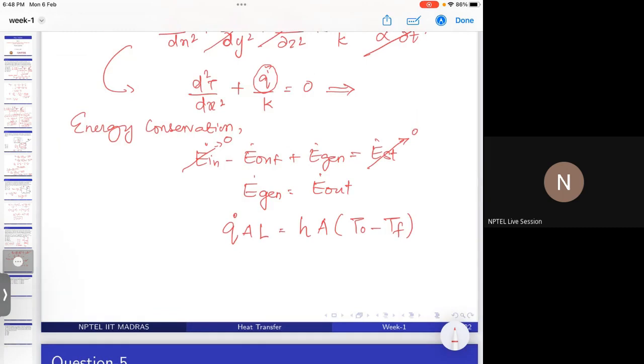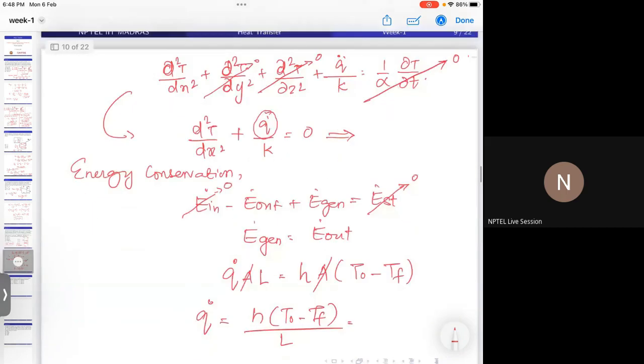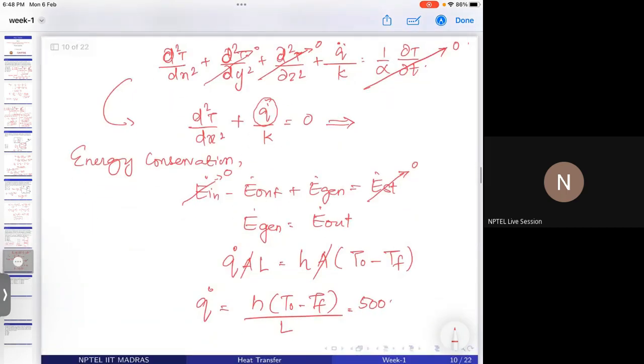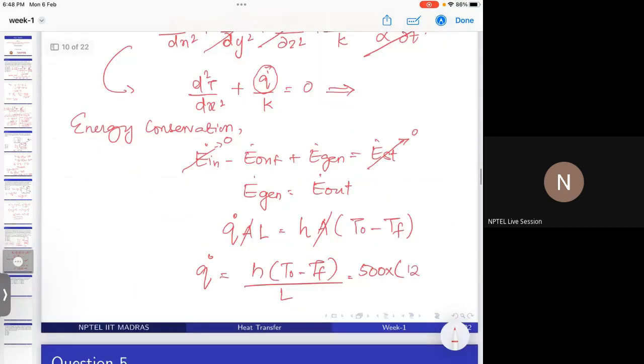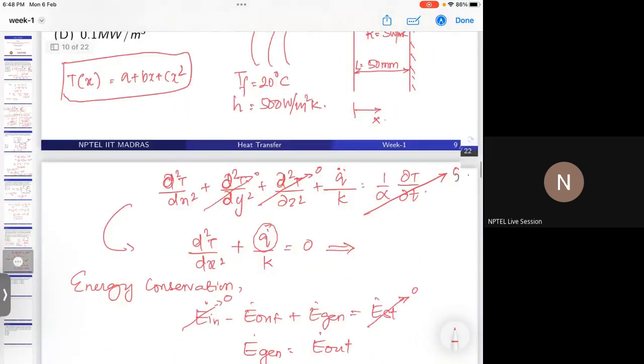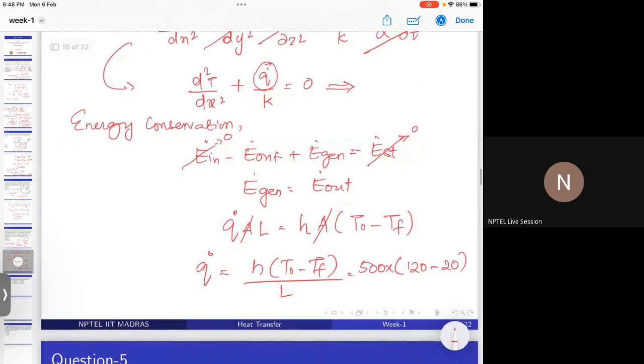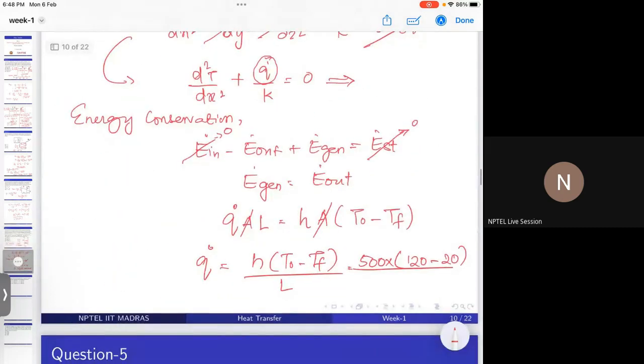This heat should be convected away for the steady state condition to be satisfied. So this A will get cancelled out, and the heat generation rate is h (T_0 minus T_F) divided by L. h is already given, that is 500. T_0 is 120, T of fluid is 20, and L is 50 mm.